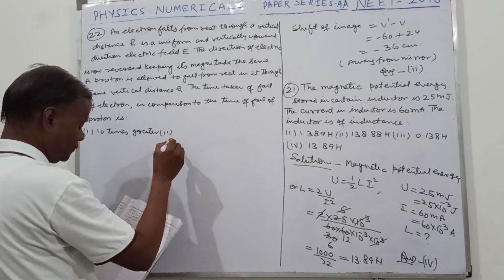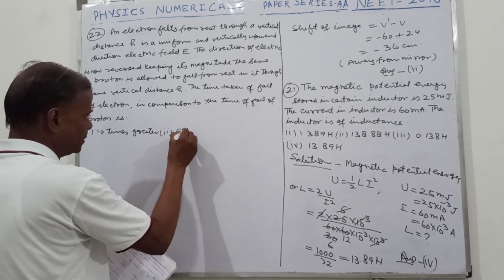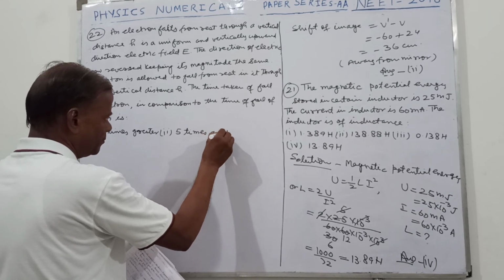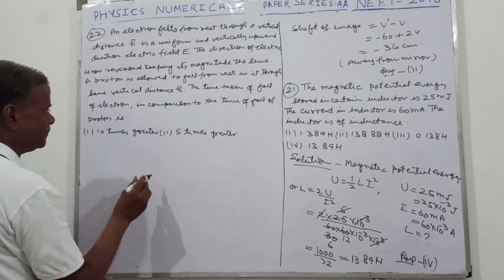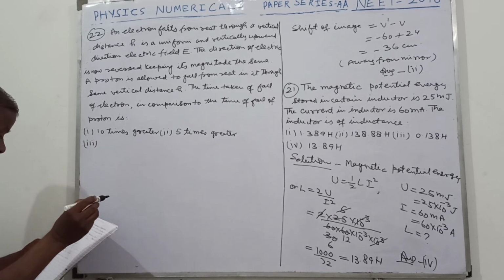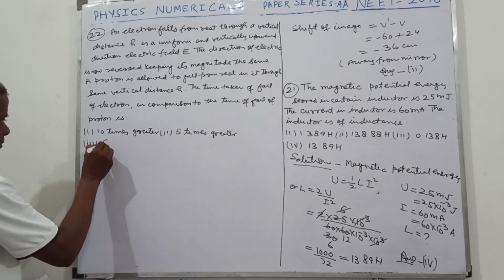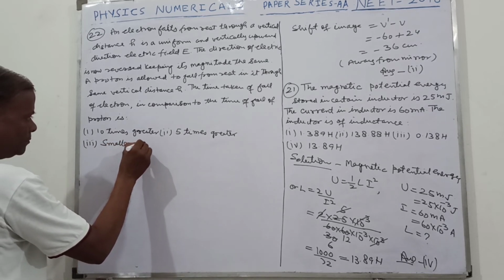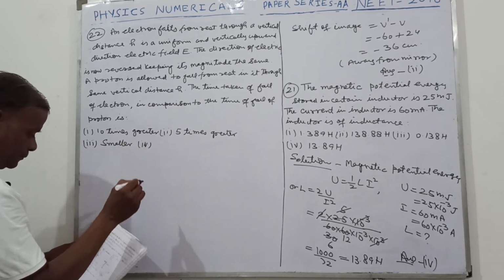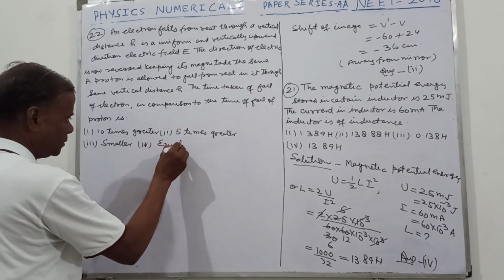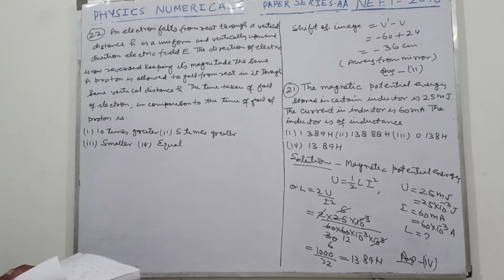Second, 5 times greater. Third, smaller. And fourth, equal. These are the options.